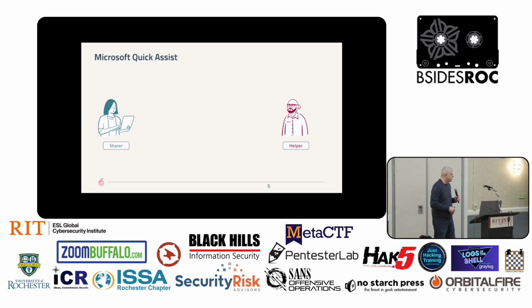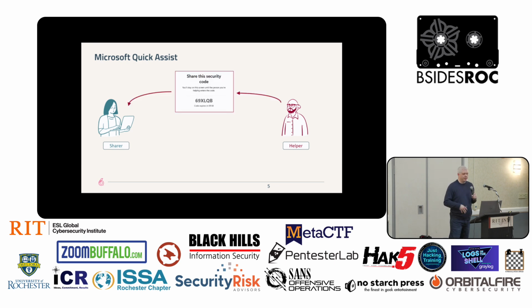Microsoft Quick Assist is an RMM at its heart. You have a sharer, the person who wants somebody to connect to their system, and you have the helper, the person who's going to connect to the system. These are Microsoft's terms from their documentation. If the sharer wants help, the helper will open up Quick Assist, click a button that says I want to help somebody, and they will get a code.